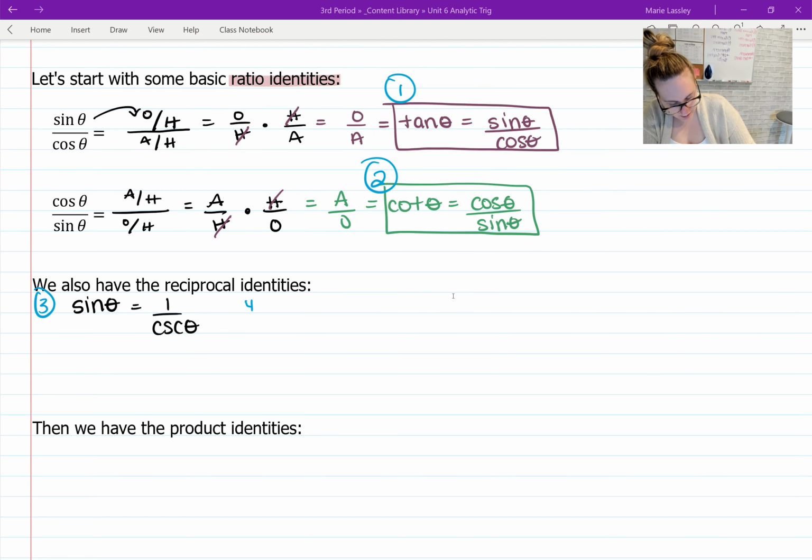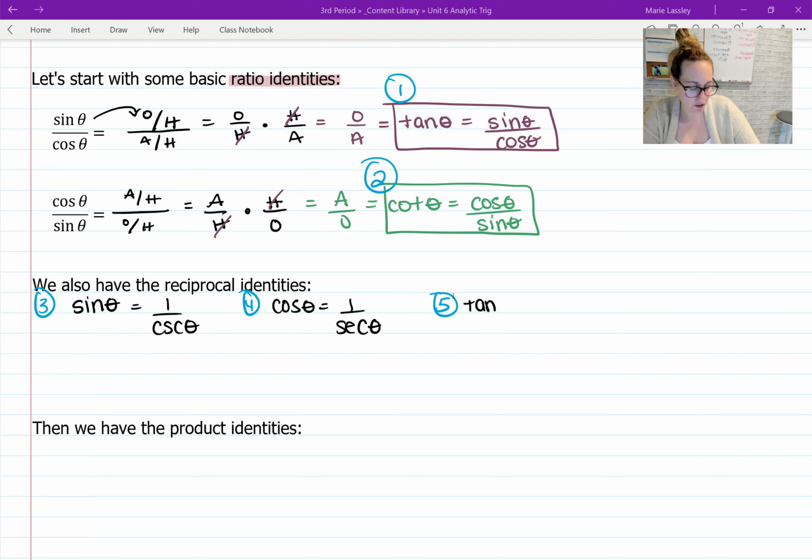Cosine is equal to 1 over secant. There's no math involved with these ones. It's just what reciprocals are, right? So cosine is 1 over secant. All right, number 5. Tangent is 1 over cotangent.